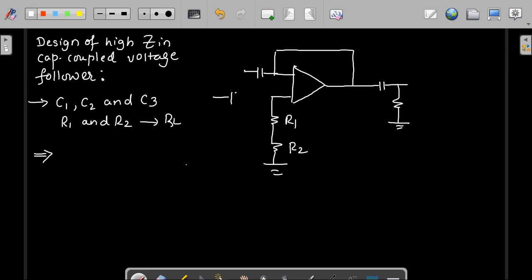So this is my input capacitor. I had connected it to this particular point. This is your Vs, C1, this is C2, then this is C3, this is RL, this is V0, this is VL, minus plus. Something like this we had connected in our previous circuit.